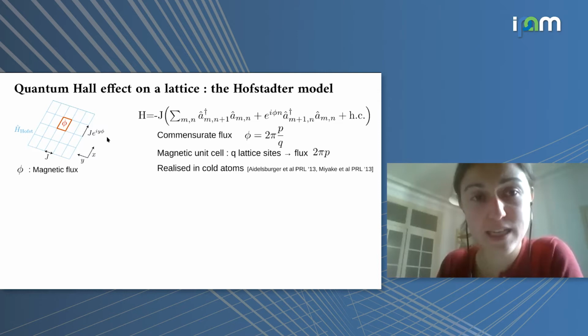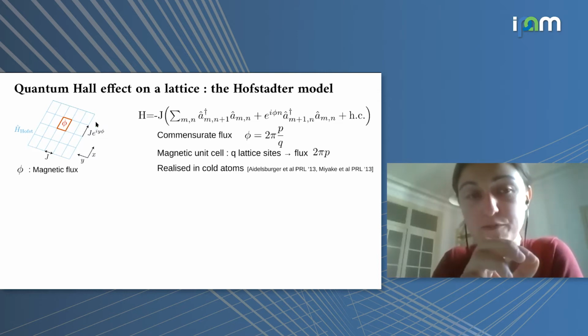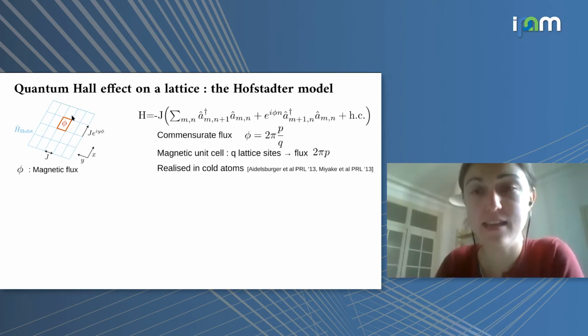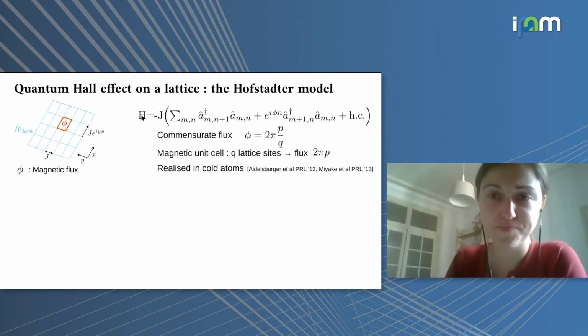And this complex phase makes sure that if a particle goes around the plaquettes of this lattice, then its wave function will pick up a phase φ. So it's a way to take into account an effective magnetic field by just adding in the Aharonov-Bohm phase that this particle would be feeling if there was a magnetic field.